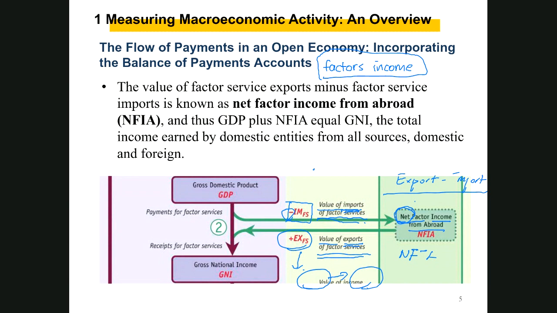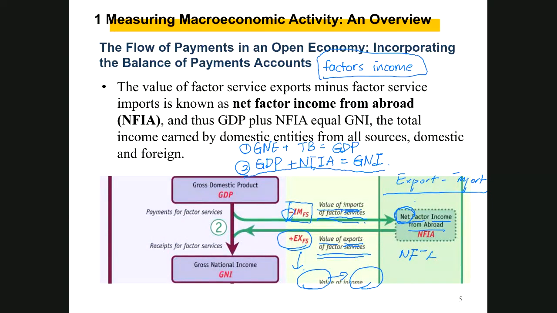So GDP plus NFIA is equal to GNI. Okay, so two equations we have already explored. The first one, GNE plus trade balances is equal to GDP, right? And the second one is GDP plus NFIA is equal to GNI.